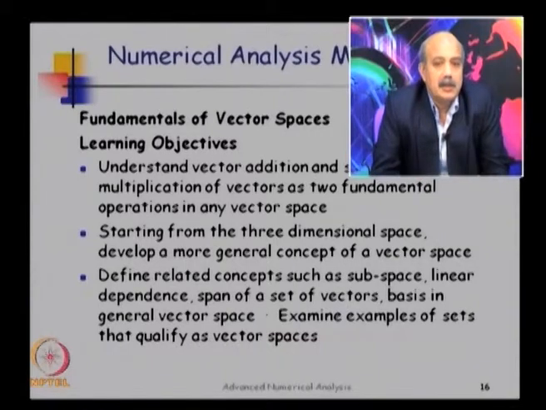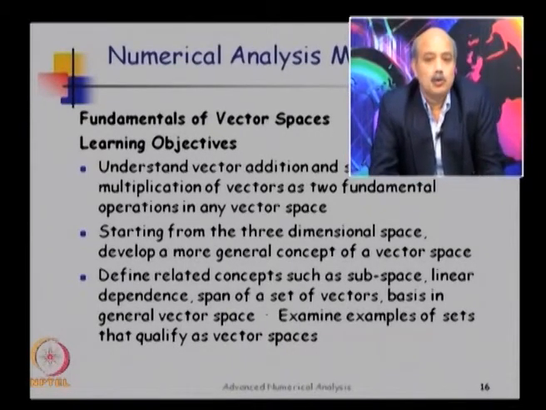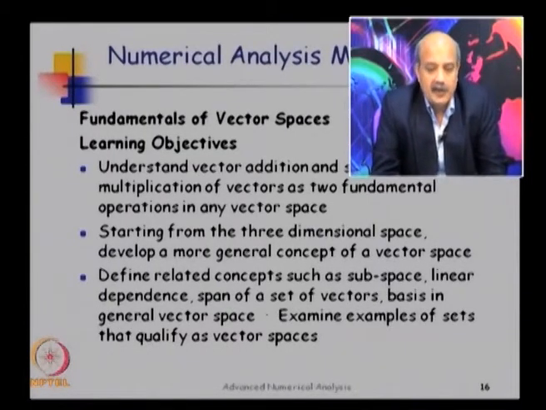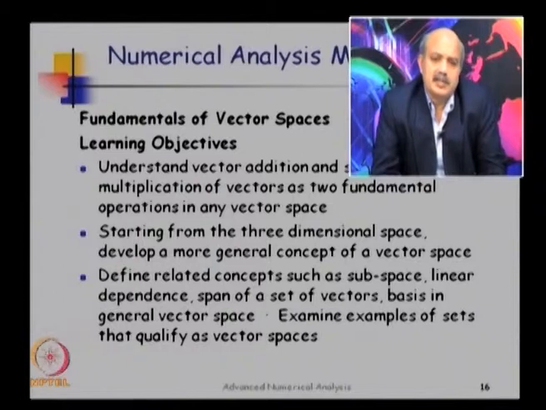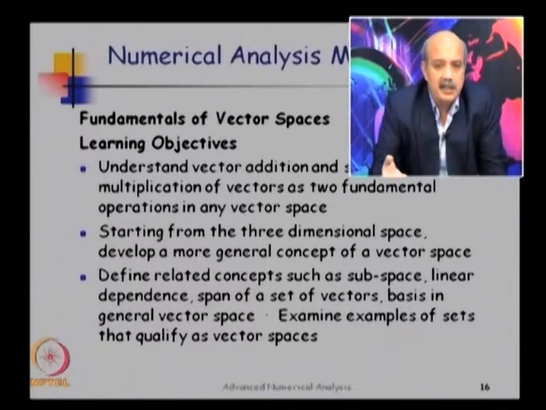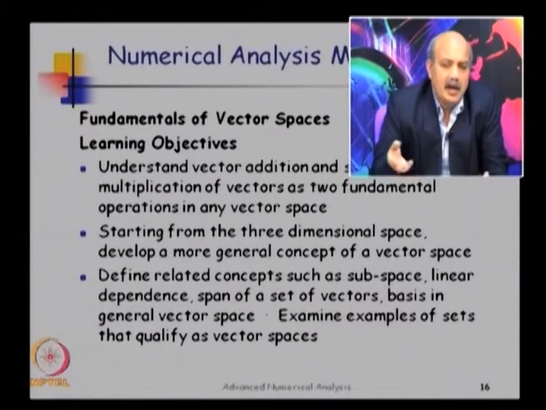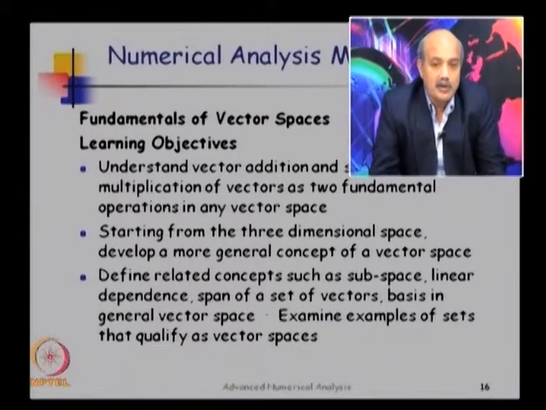For example, the set of all continuous functions over 0 to 2 pi, and say sin x is a vector in this set, or cos x or cos 2x is a vector in this set of continuous functions. Another vector could be just a line a plus bt defined over 0 to 2 pi and so on, or some polynomial defined over 0 to 2 pi.